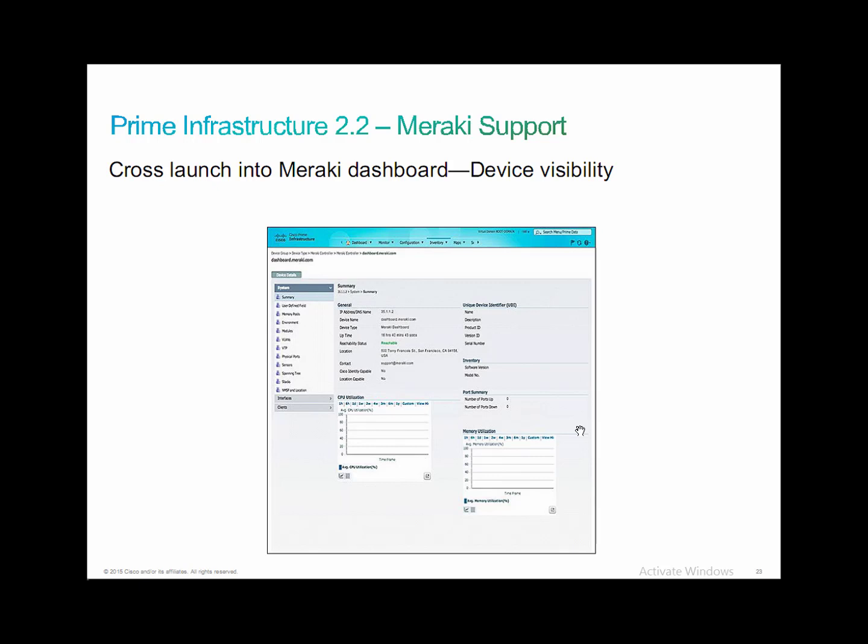So Prime Infrastructure 2.2 can now monitor all of your Meraki MR access points, the MX security appliances, the MS switches. There's an SNMP protocol that allows us to gather information about those devices from the actual cloud controller. And this is used for monitoring. It's used for inventory purposes. Prime also offers one-click links to manage and run other things like diagnostics on those Meraki devices.